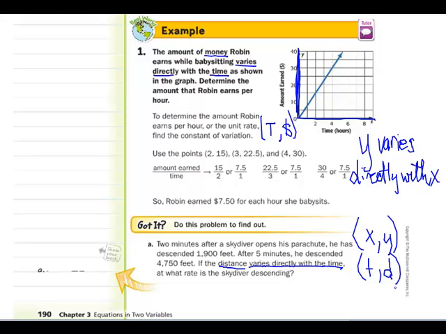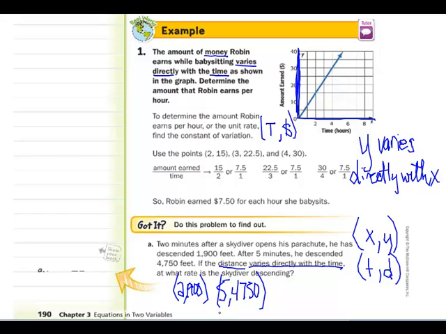So your point. If after 2 minutes, 2 minutes is our time, he went 1,900 feet, that's 1 point. And then after 5 minutes, he went 4,750 feet. Those are our 2 points. All right?